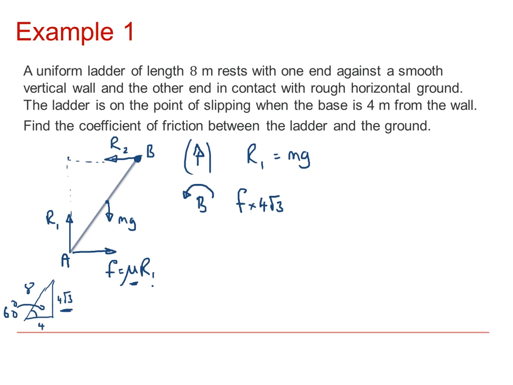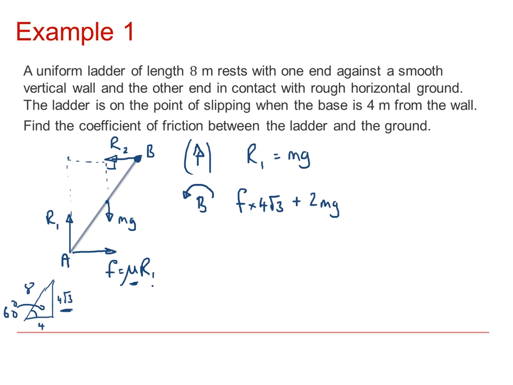The other thing which is acting in an anti-clockwise direction is mg. Because mg is acting at the center, we know that this is at a distance 2 perpendicularly from B. So F multiplied by 4 root 3 and then 2 mg.